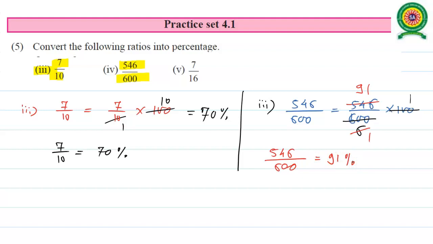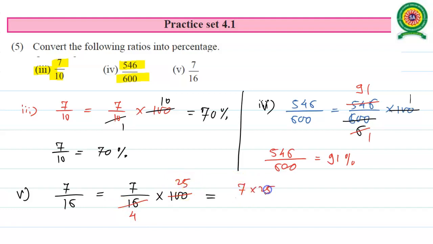Now look at the fifth sub question. The fifth sub question is of the form 7 divided by 16. Now to convert it in terms of the percentage, we have to multiply it with 100. Now 4 fours are 16, and 25 fours are 100. Now we will remain with 7 into 25 in the numerator and 4 in the denominator.